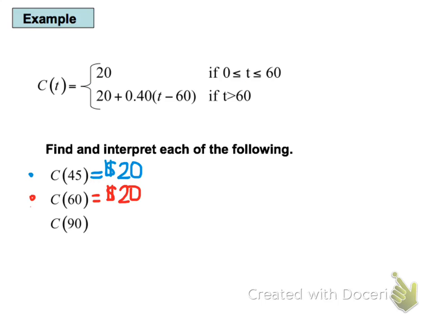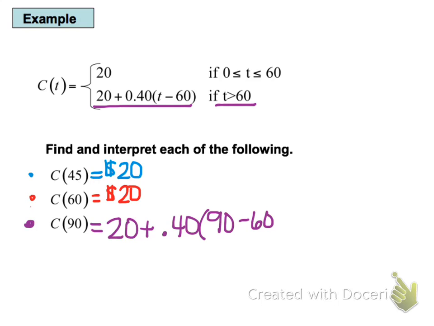And how about the last one? For the last one, we are talking about 90 minutes. So which one do I use for 90 minutes? Well, 90 minutes is greater than 60, so I'm going to use this one here. In this case, we take that 20 plus our 40 cents times 90 minus 60, our difference there.